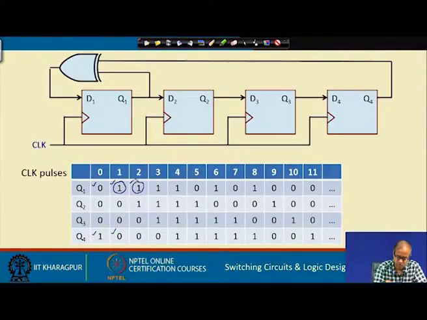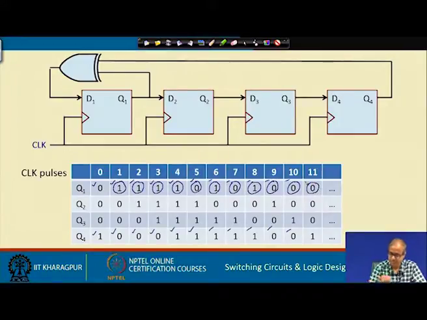Then again exclusive OR of 1 and 0 is 1, XOR of 1 and 1 is 0, XOR of 0 and 1 is 1, 1 and 1 is 0, 0 and 1 is 1, 1 and 1 is 0, like this it goes on, 0 and 0 is 0, 0 and 0 is 0 and so on.